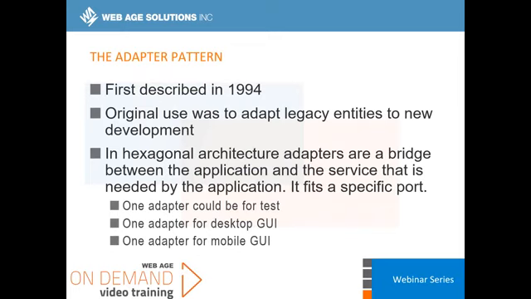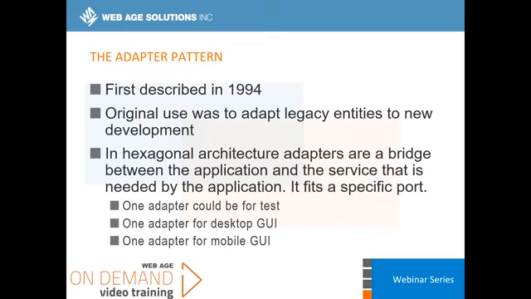This works the same way, right? Those adapters bridge the application to the service, and you use one adapter for your BDDs or your test kinds of things, and one adapter for the desktop graphical user interface, and one adapter for the mobile user interface that's an app, and another adapter for some other kinds of interface for doing accessible stuff, whatever it happens to be.